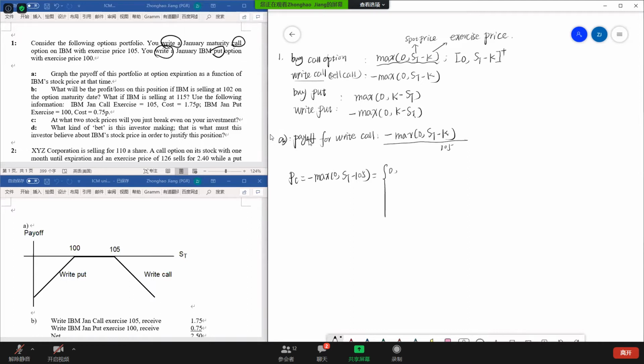The payoff is 0 when the stock price is smaller or equal to 105, and it equals this when the stock price is larger than 105.